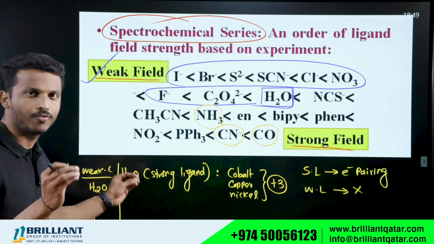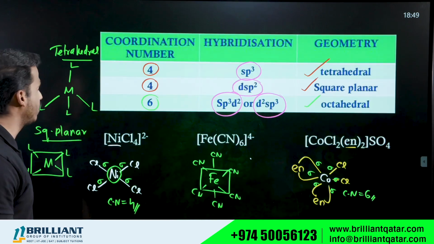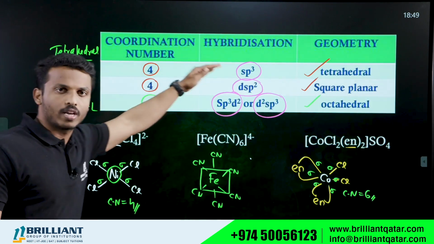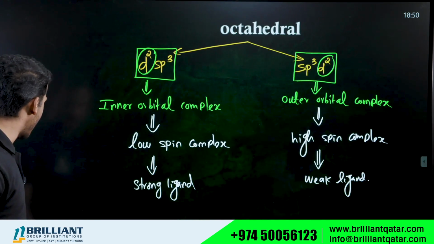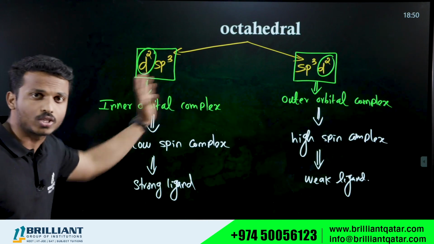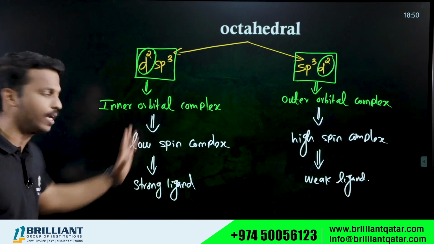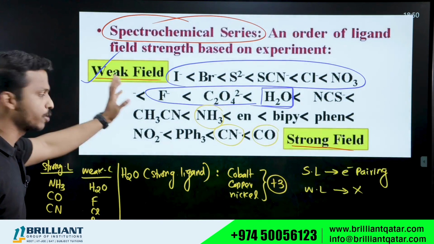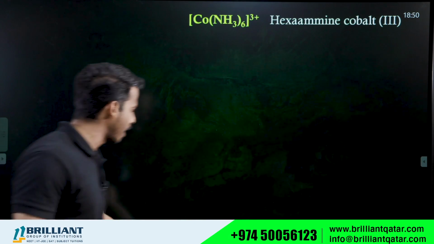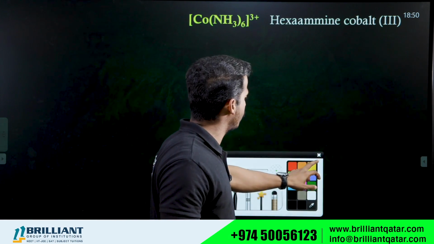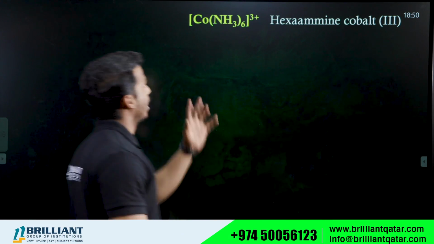I told you only a few things now. According to VB theory, by looking at the hybridization, you can say the geometry of the molecule. For octahedral cases, we studied two different concepts, and also the spectrochemical series, strong and weak. If you know this idea, we can answer more content related to a complex.